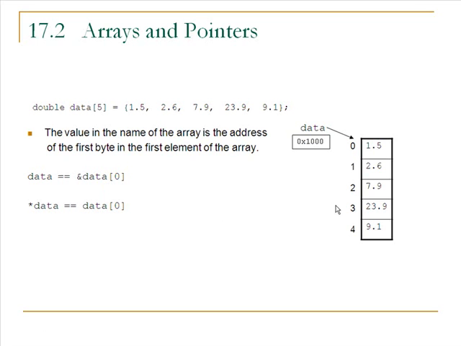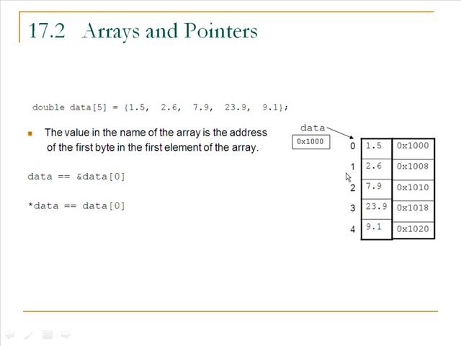When we start talking about using the name of an array as the address, it's easier to make up a number. Suppose this array fell at address hex 1000. It won't. I just made that number up. What are the addresses of the other elements of the array? Well, a double takes up 8 bytes of space.